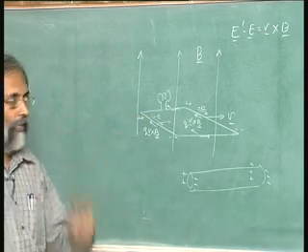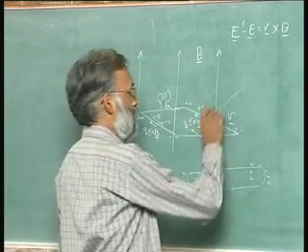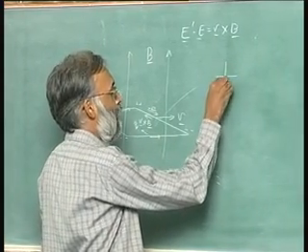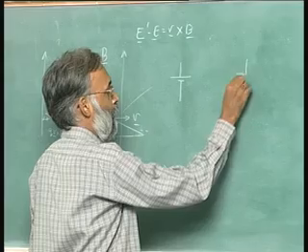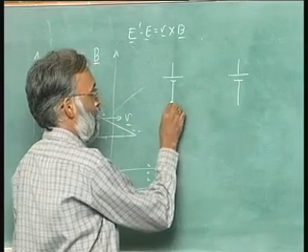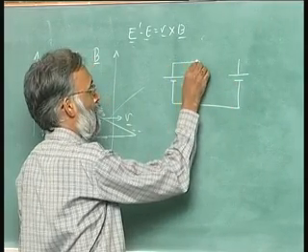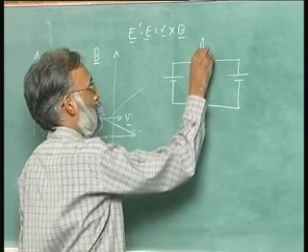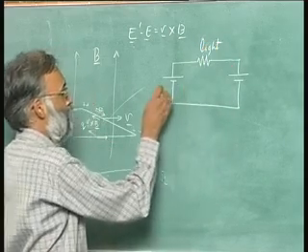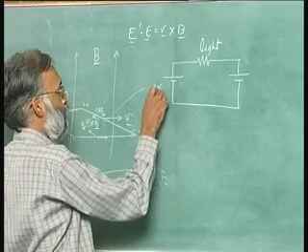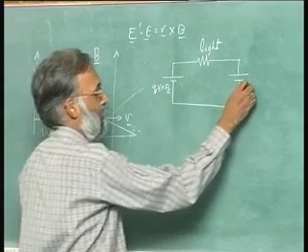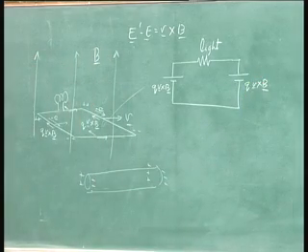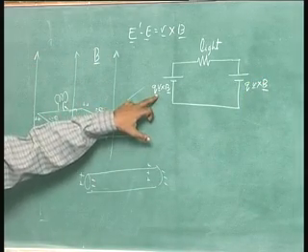So, if I have to model this, I will write this circuit as a battery, another battery connected with a, this is my light, this is Q V cross B, this is Q V cross B. Now, of course, I have written Q V cross B, but what is this Q?